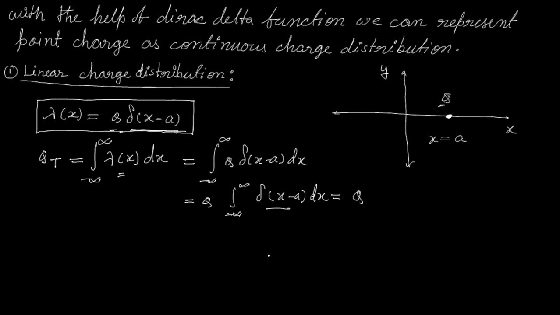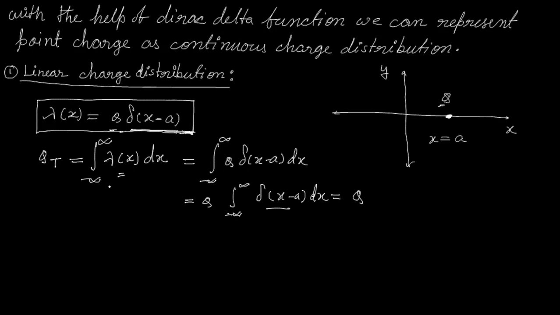Same charge. Okay, so this mathematics, the way we have represented it here, represents charge per unit length, with the dimension of charge per unit length, and it also gives the same charge that we have placed here.